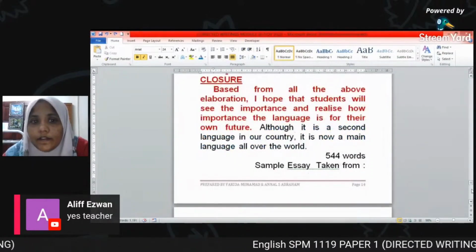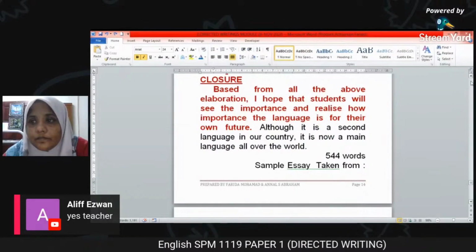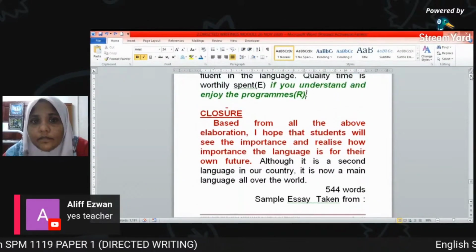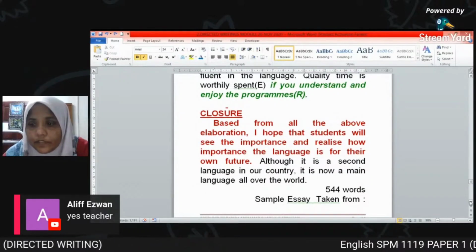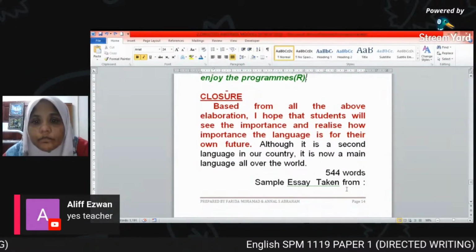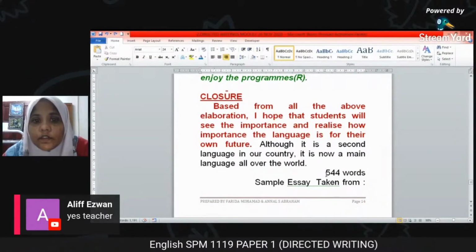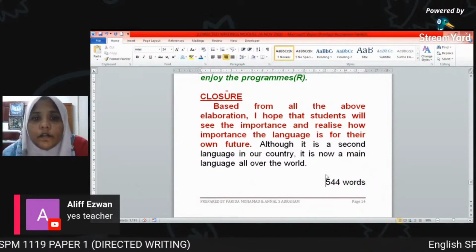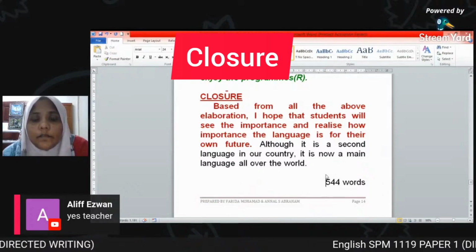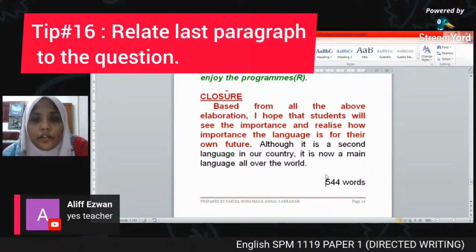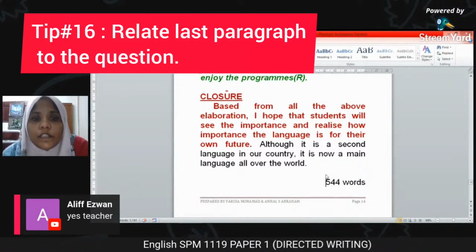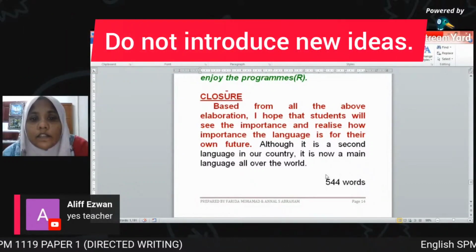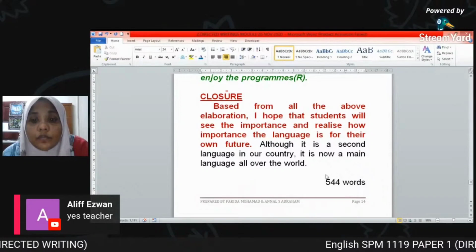Okay. Now, closure. You can end the paragraph, sorry, the essay, like this: Based on all the above elaboration, I hope that students will see the importance and realize how important the language is for their own future.